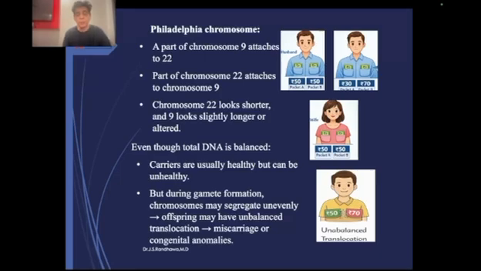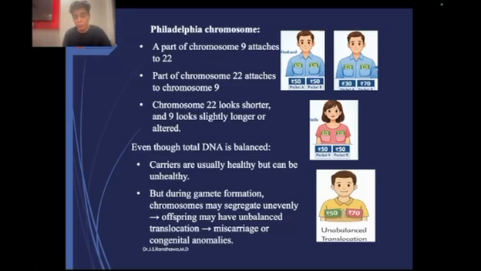Now, most of these cases of balanced translocation don't cause any disease in the person having it. However, as in the case of Philadelphia chromosome and a few other cases, balanced translocation can be harmful.